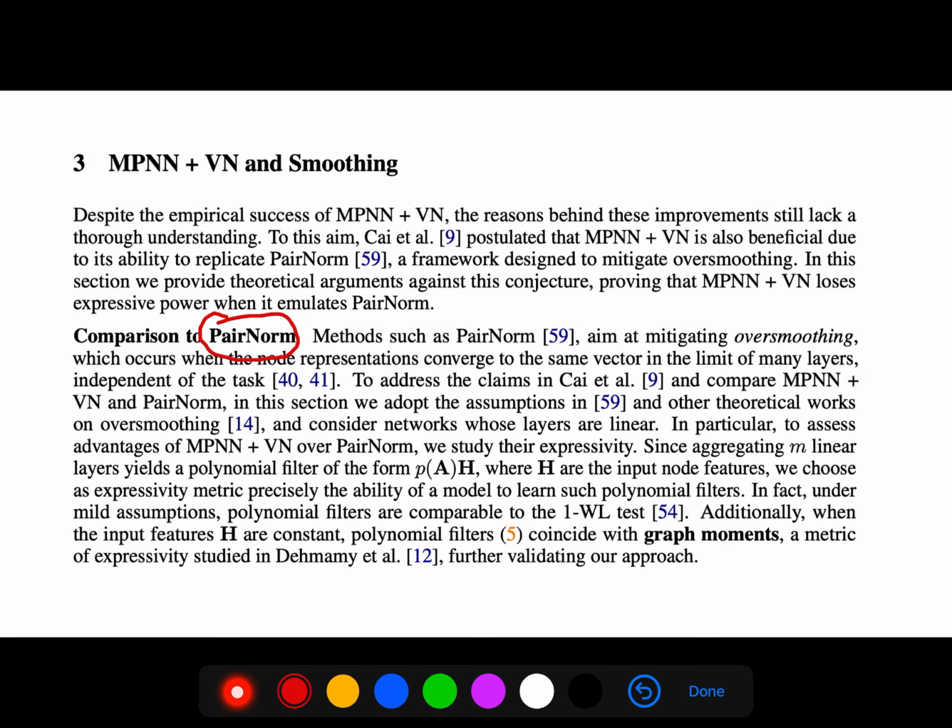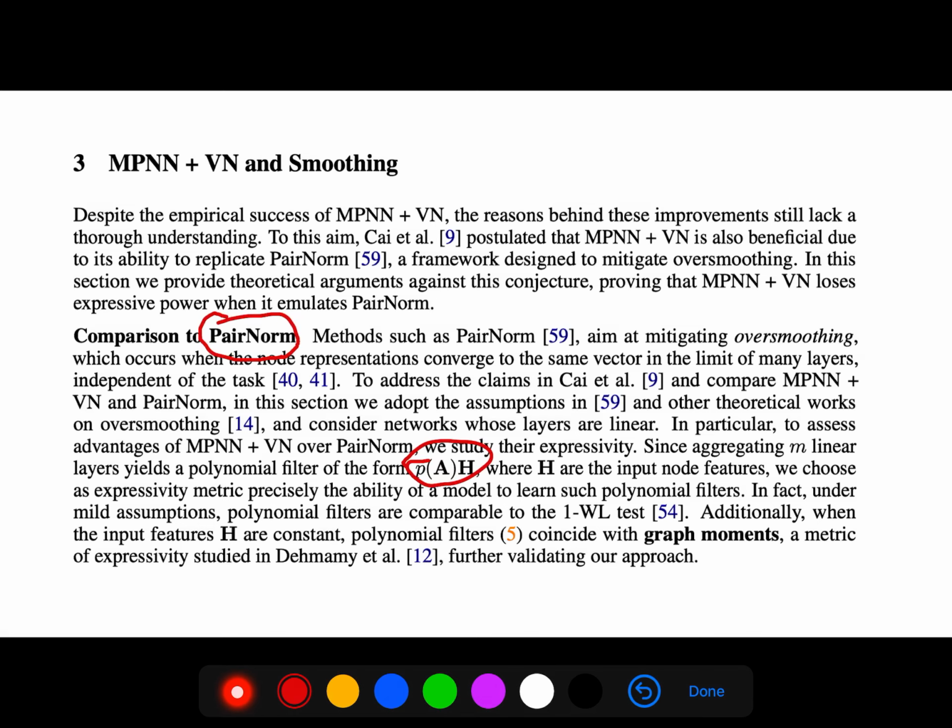Since aggregating m linear layers yields a polynomial filter of this form, and here H are the input node features, we choose as expressivity metric precisely the ability of a model to learn such polynomial filters.